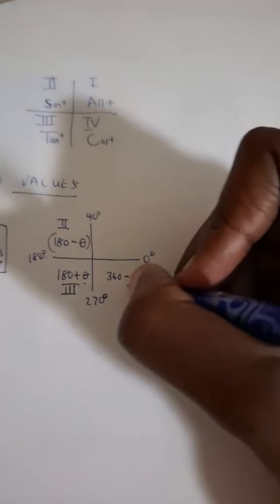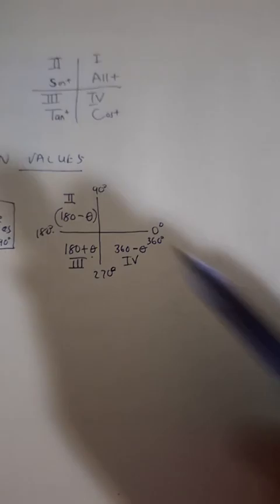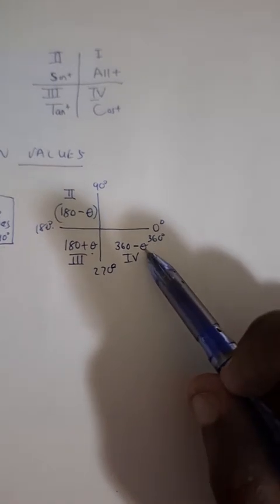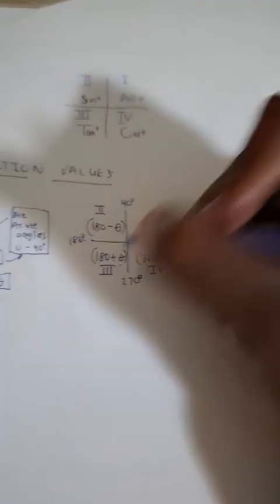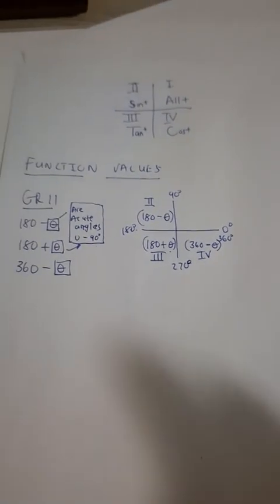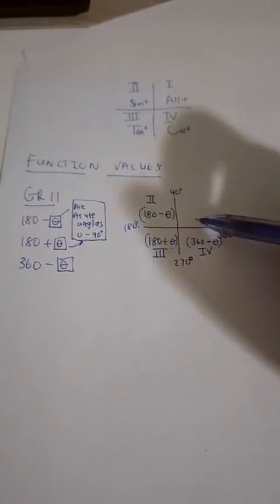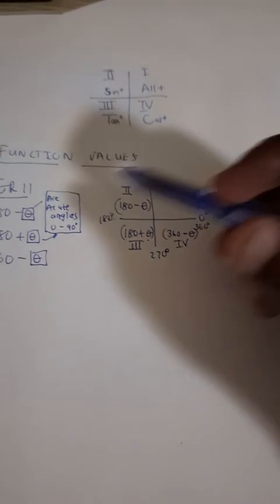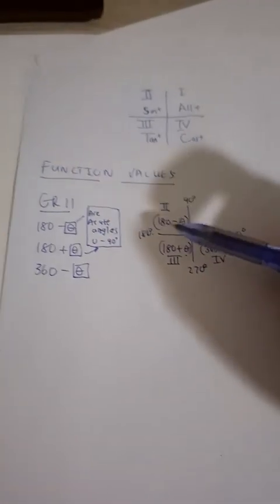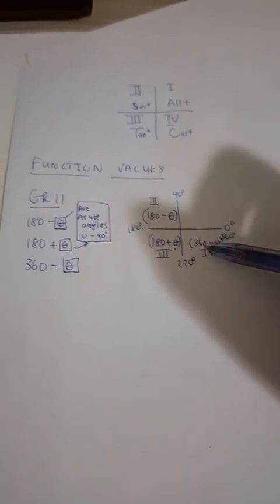This is referring to the fourth quadrant, and the angle there has to be acute, guys. So this is very important. All right, so we have three function values in the unit circle from 0 to 360. These function values are 180 minus, 180 plus, 360 minus.